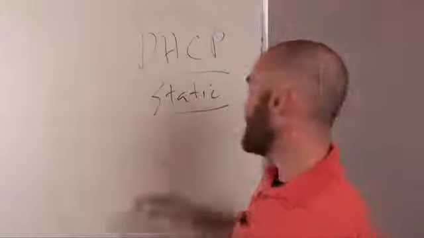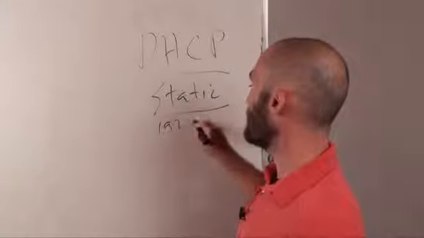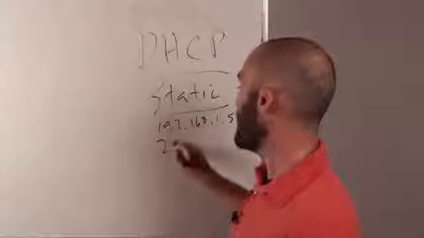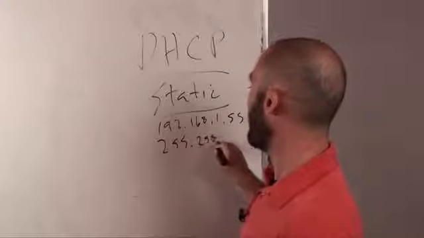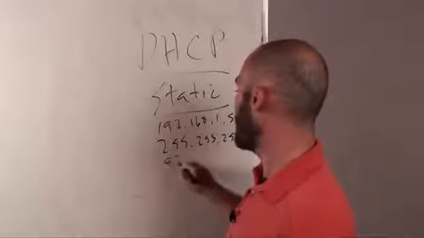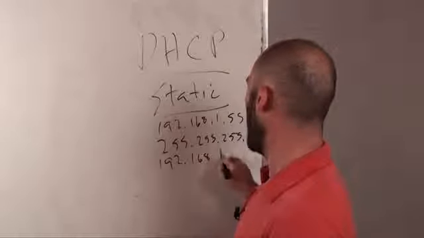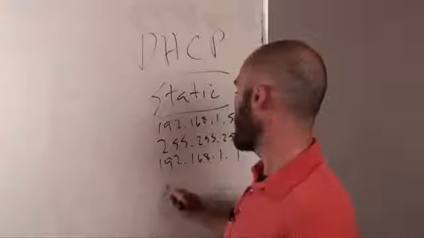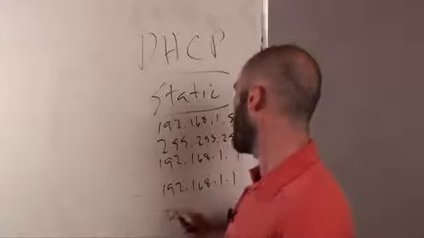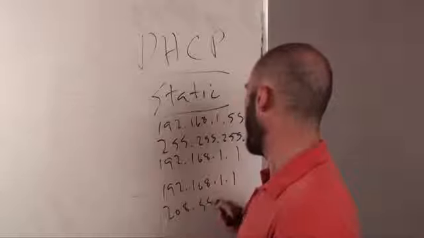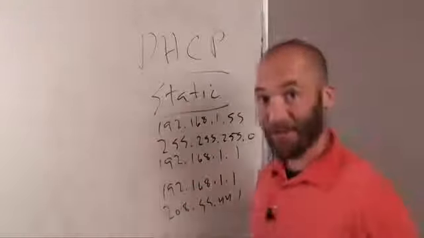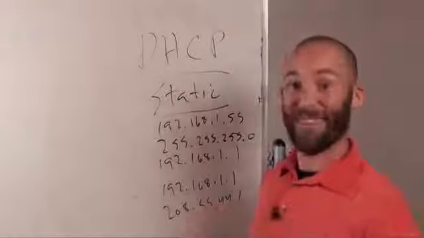So you say this computer has an address of 192.168.1.55, has a subnet mask of 255.255.255.0, has a default gateway of 192.168.1.1, and the DNS servers are 192.168.1.1 and 208.55.44.1.